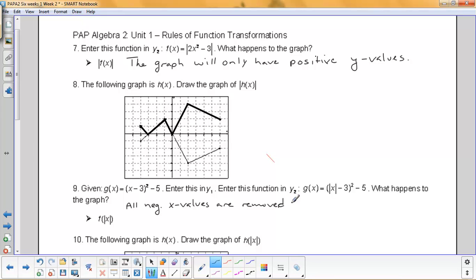And they will be replaced with their positive x value counterparts.